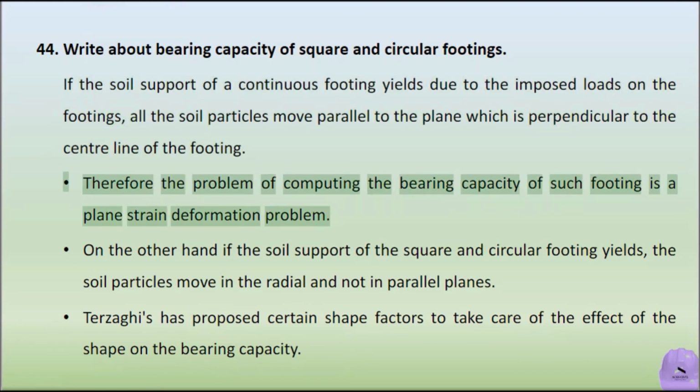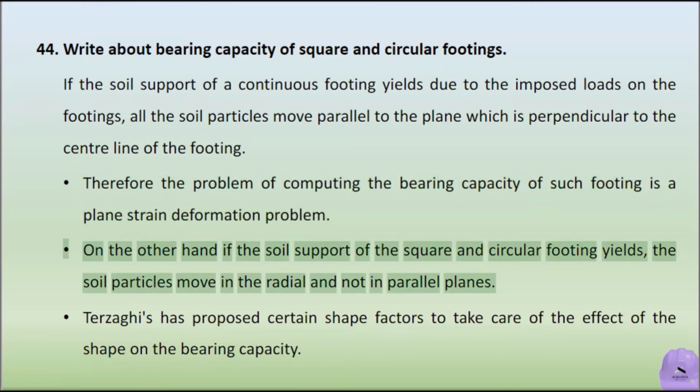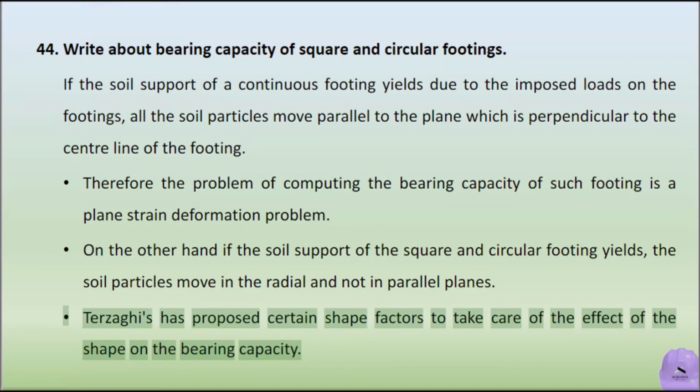Therefore, the problem of computing the bearing capacity of such a footing is a plane strain deformation problem. On the other hand, if the soil support of the square and circular footing yields, the soil particles move in radial and not in parallel planes. Terzaghi has proposed certain shape factors to take care of the effect of the shape on the bearing capacity.